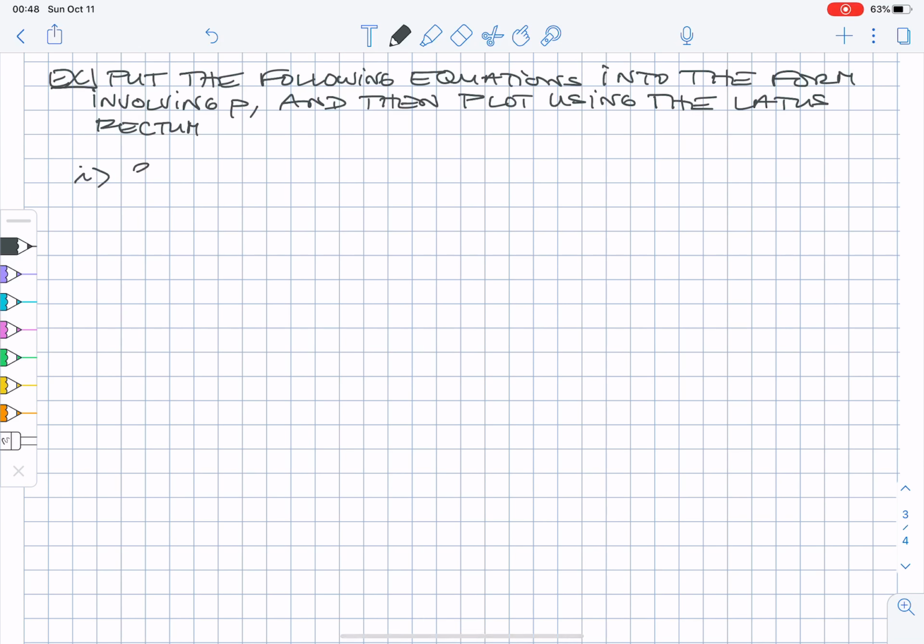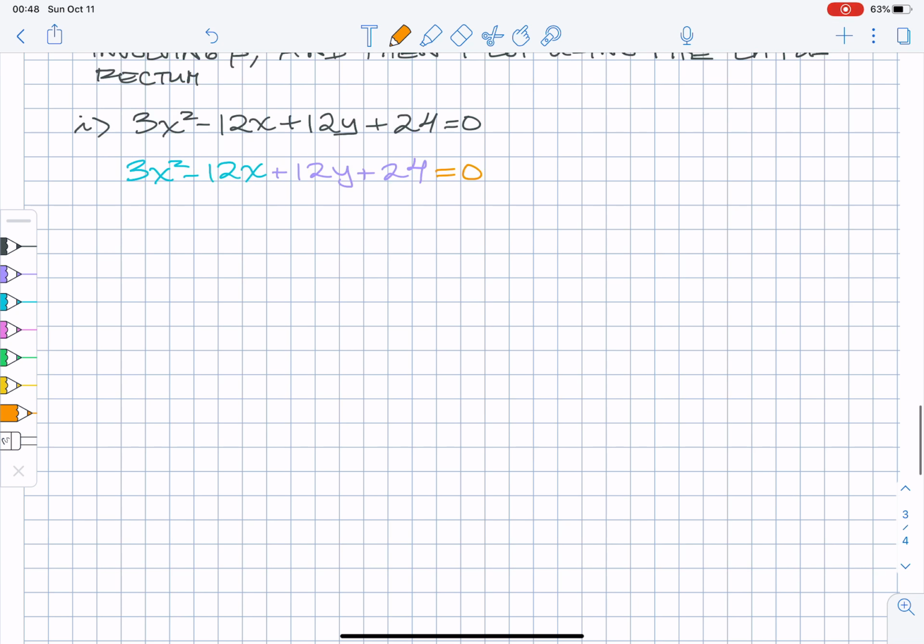Let's say we have 3x squared minus 12x plus 12y plus 24 is equal to 0. So let's go ahead and factor the 3.